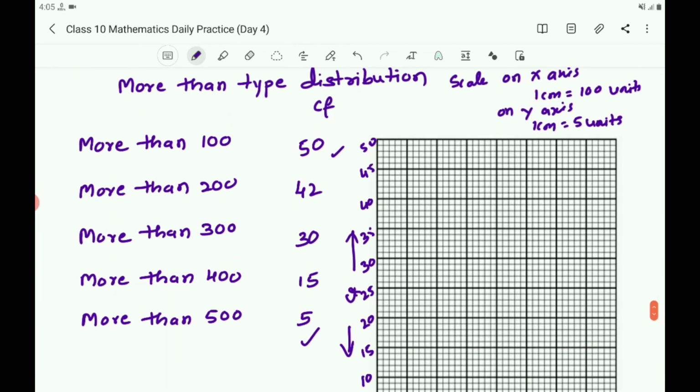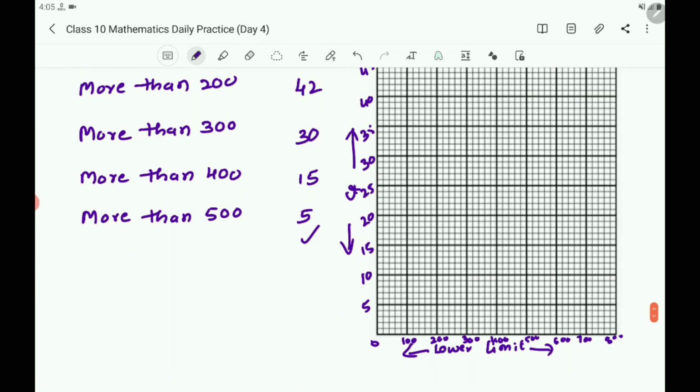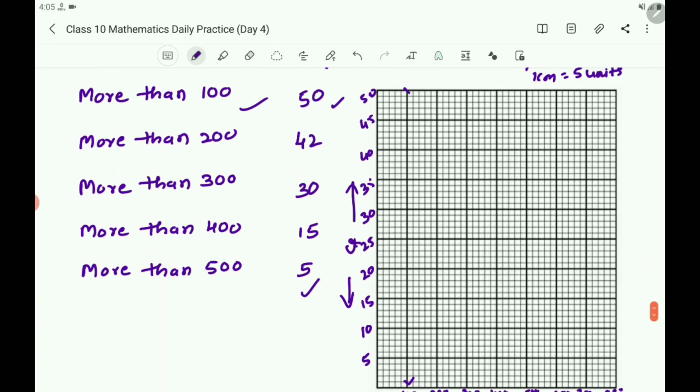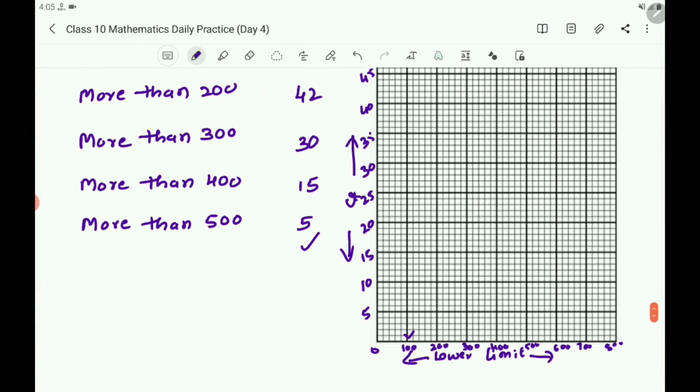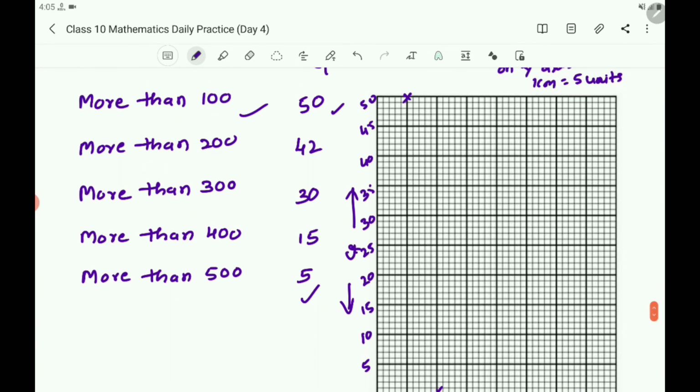Now first one, 100. Go straight to 50, here you will get 50. And next 200 is here, that is 42, so you will get 42 here.